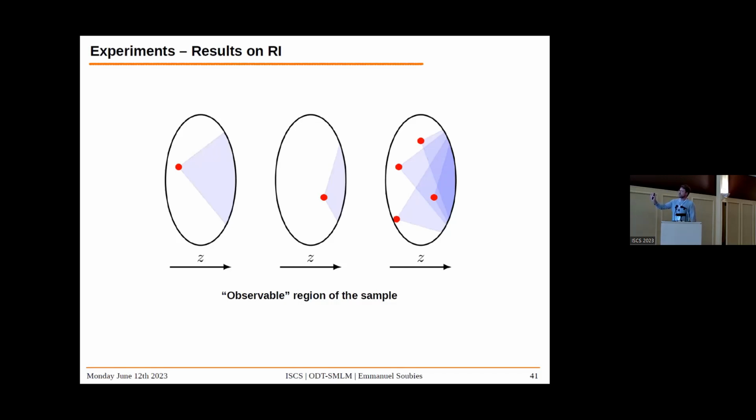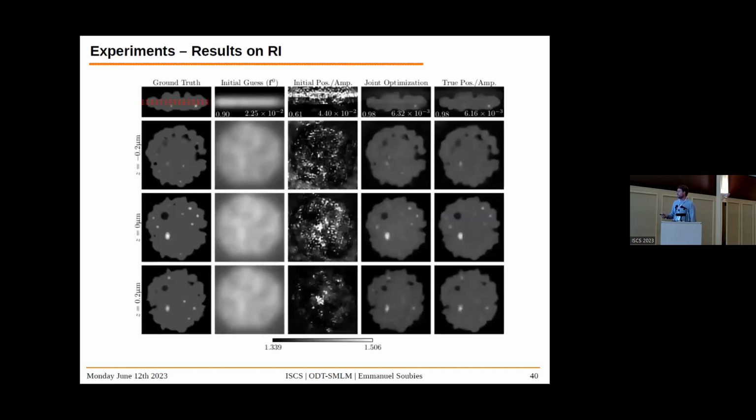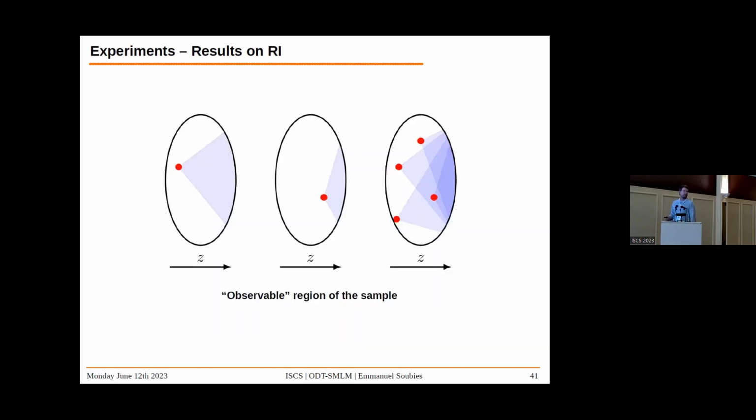Here we have the direction of the Z axis, and we see that for the negative Z position we have a much smaller number of measurements containing information about this part of the sample. So this is one reason why we reconstruct better for Z equal 0.2 than for Z equal minus 0.2.